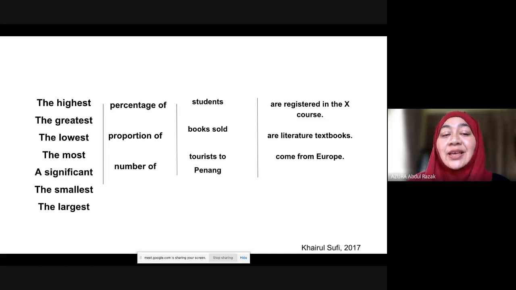But notice that there is also a significant. So this is also a superlative. A significant number of tourists come from Europe, or a significant number of tourists to Penang come from Europe. The smallest number, the largest number. All right, so these are ways that you can use superlatives: highest, greatest, lowest, most, significant, smallest, largest.